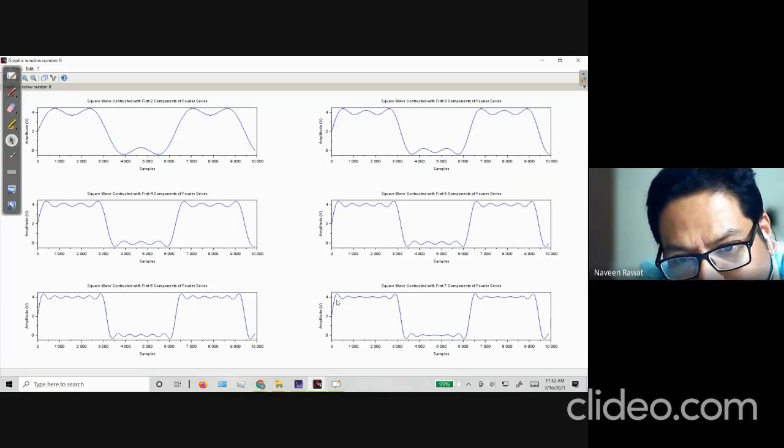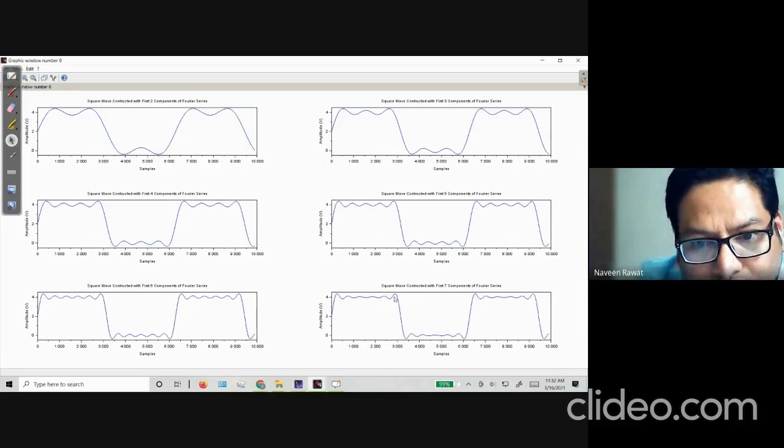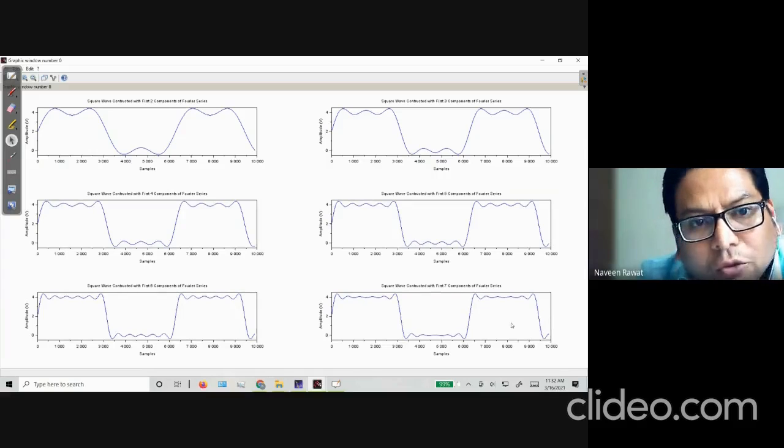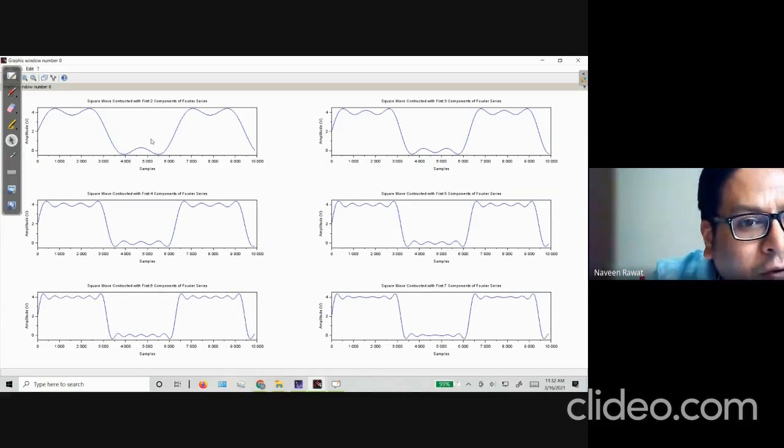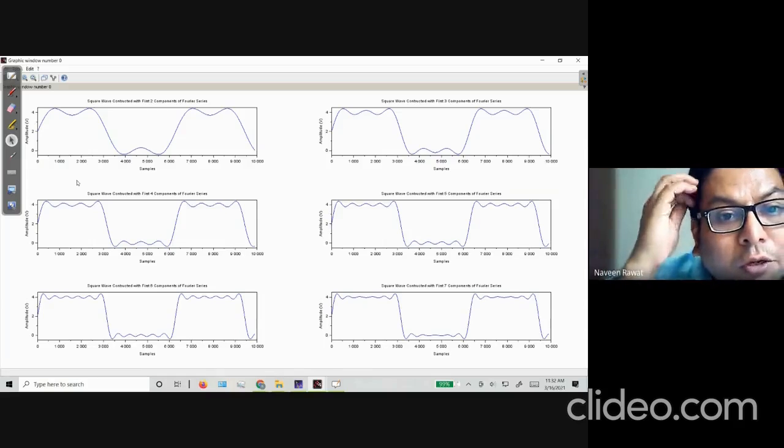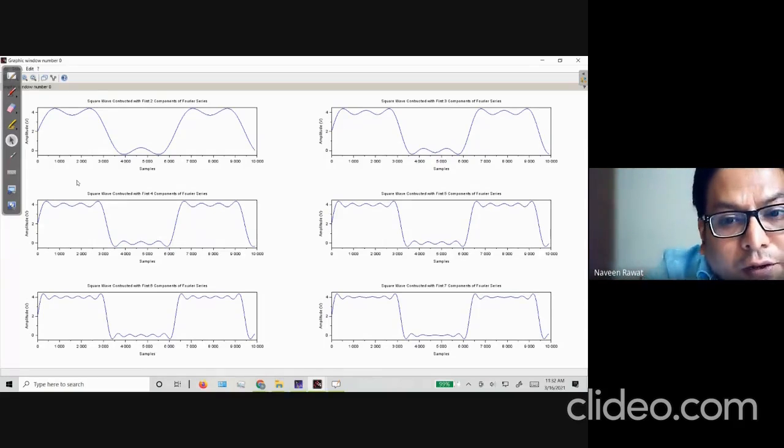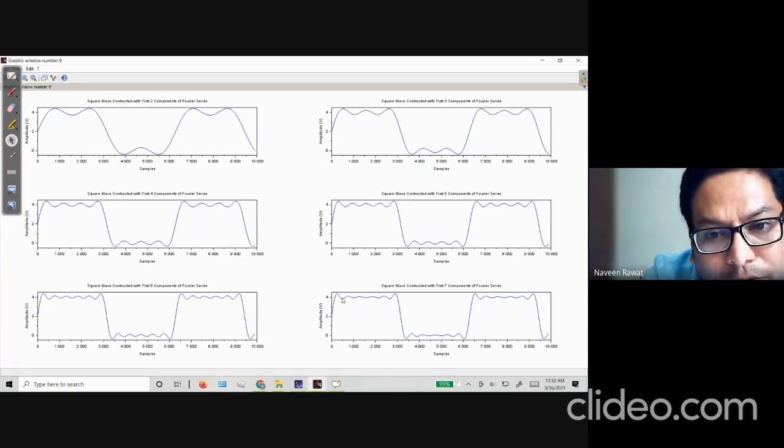So if you look at the 7 terms, it looks very similar to a square wave. You see, so you have this 4-volt signal coming, and then it goes to 0, and then we have again some 4 volts coming, and then again 0. Okay, so this is a typical way you can see how adding more and more terms in your Fourier series will actually create the waveform like a square wave that you desire.